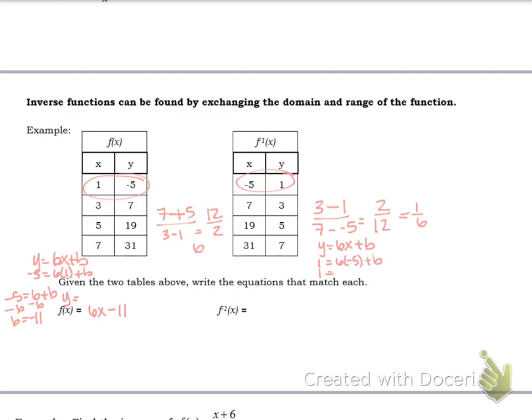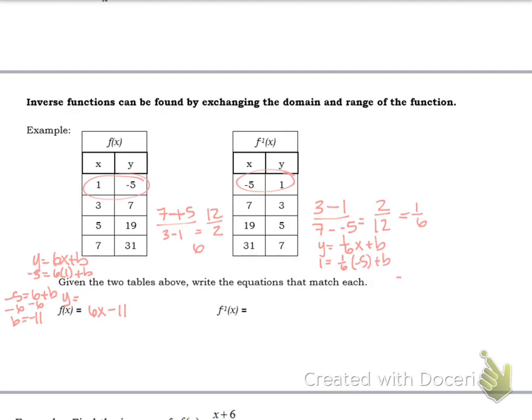So I'm going to plug in my y and my x. Oops, that was supposed to be 1/6, not 6x. Go back. 1/6 x plus b. Okay, so 1 equals 1/6 times -5 plus b.